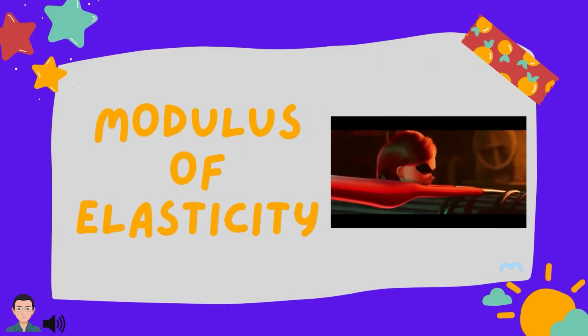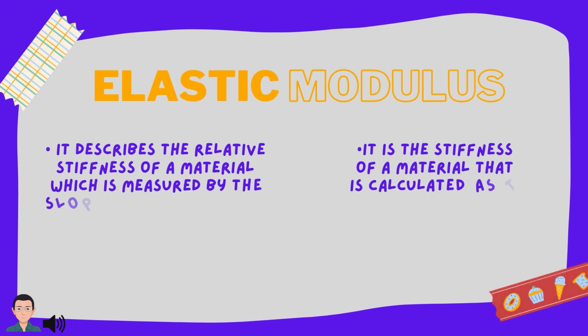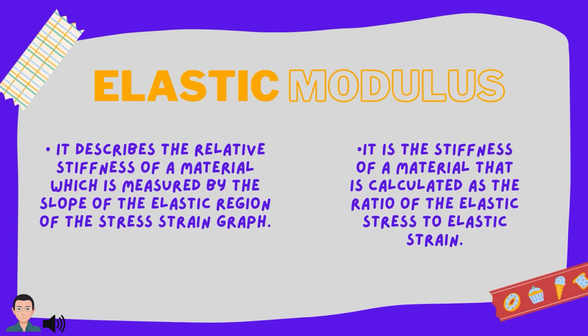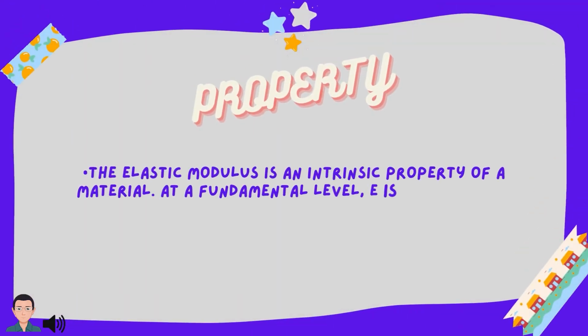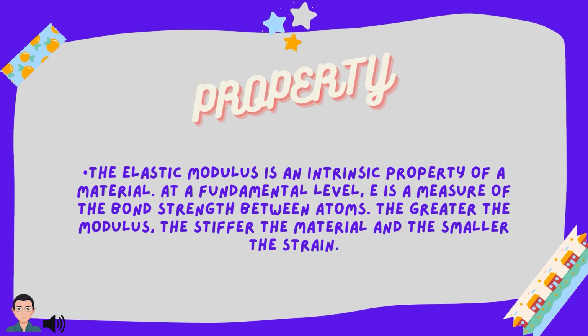Modulus of elasticity. So what is elastic modulus? It is described as the relative stiffness of a material, which is measured by the slope of the elastic region of the stress-strain graph. It is also the stiffness of a material that is calculated as the ratio of the elastic stress to elastic strain. Its property is that the elastic modulus is an intrinsic property of a material.